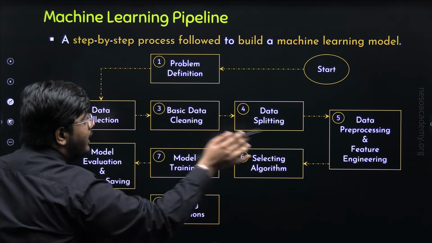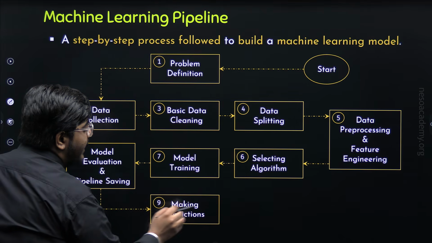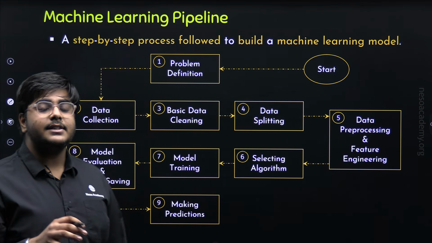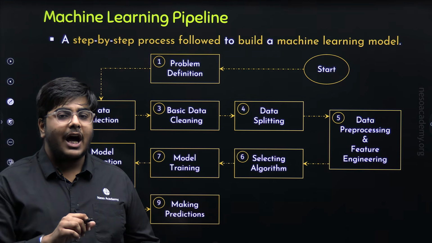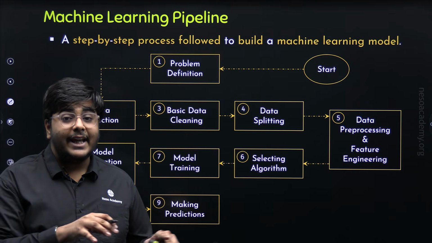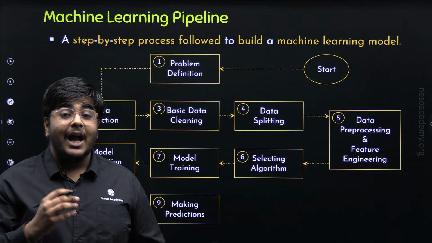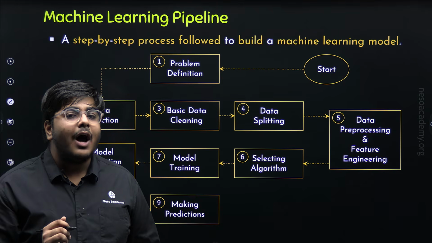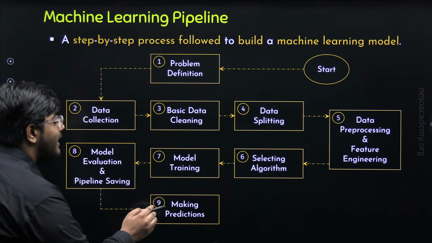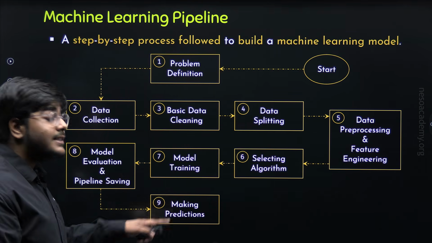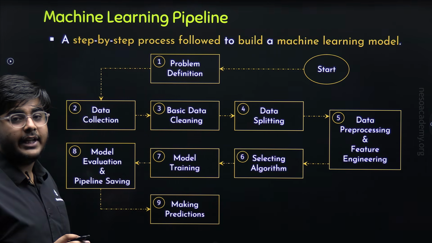All this we are doing just to ensure that we can make predictions on new data. Suppose a user enters details like the size of the house, location of the house, age of the house, number of bedrooms of the house, and so on. And the model predicts the price of the house. This is known as making predictions on new data. And this is the actual use case of machine learning.